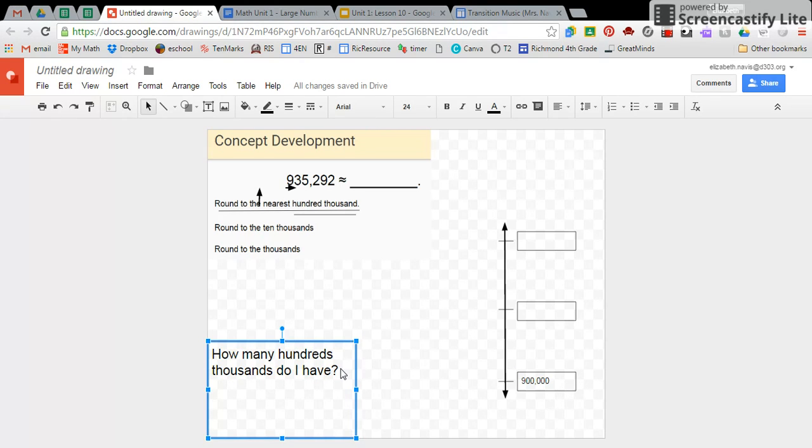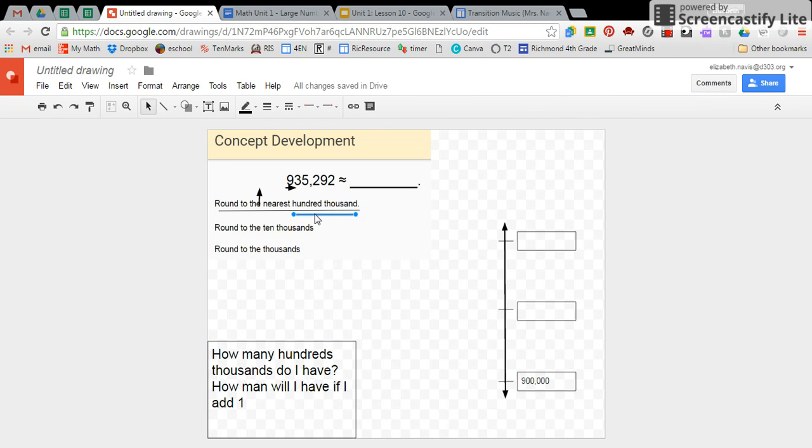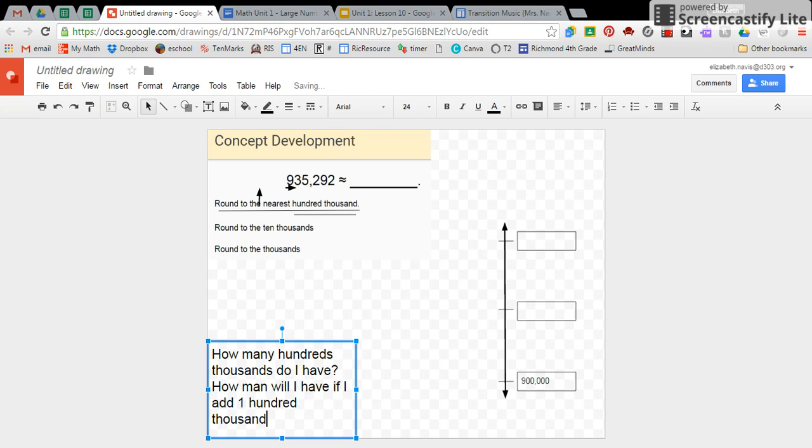My second question is, how many will I have if I add 1? 1 what? Sometimes it can be hard to remember what I'm adding. So I go back to my problem. This problem is asking us to round to the nearest 100,000. So I'm going to add 100,000.